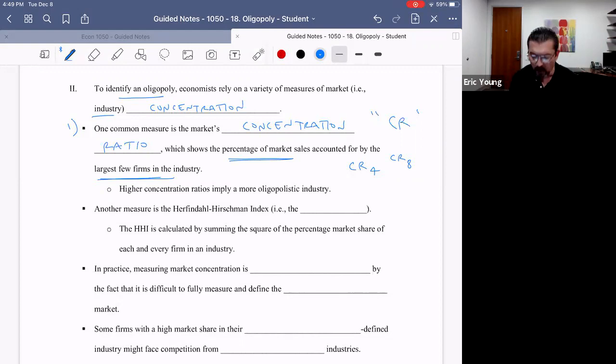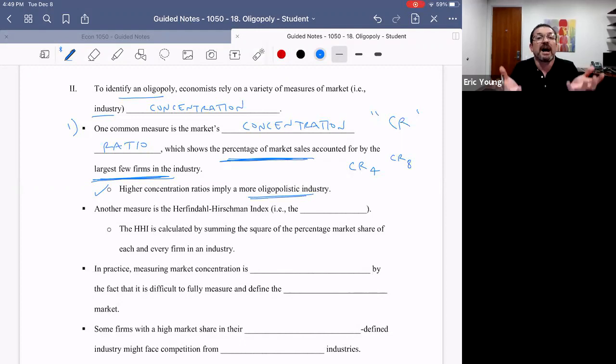So you could have a CR4, a CR8, a CR6. Ultimately, it's an attempt to show the percentage of overall market sales that are accounted for by the largest firms, the 4 or the 8, depending on your ratio, in the industry. Big idea here: higher concentration ratios imply more oligopolistic industries.